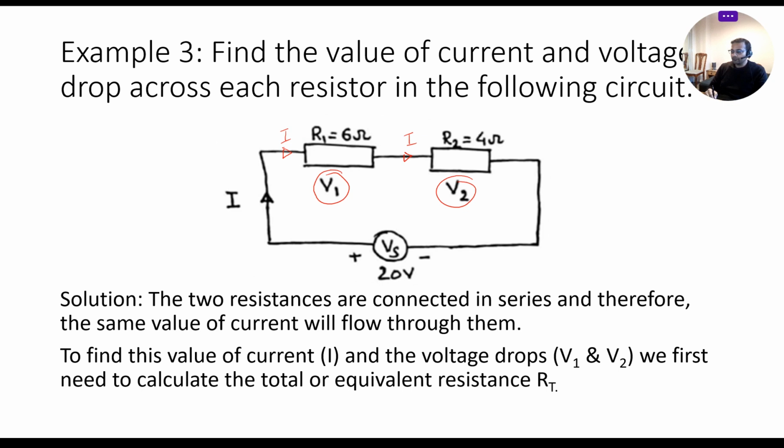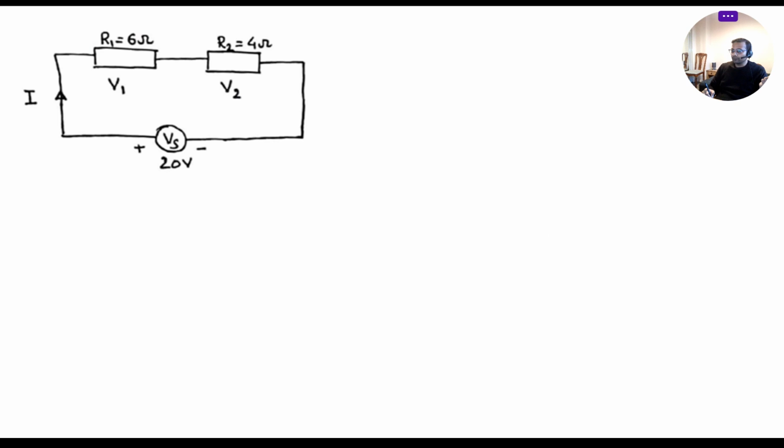To find the value of current and voltage drop, we first need to calculate the total or equivalent resistance RT. Although it is not asked directly in the question, you will have to calculate that first. So that's our circuit.